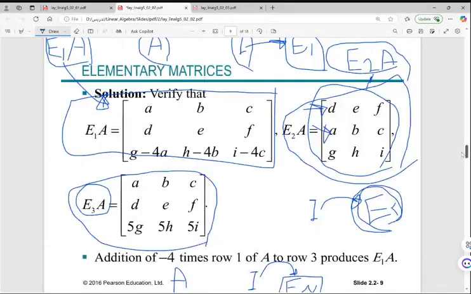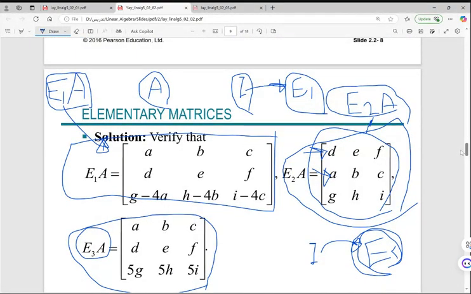Either you apply a row operation on A, this is one option, or the other option is that you apply exactly the same operation on I, you obtain an elementary matrix like E1 or E2 or E3, and then multiply that elementary matrix with A. These two are the same.